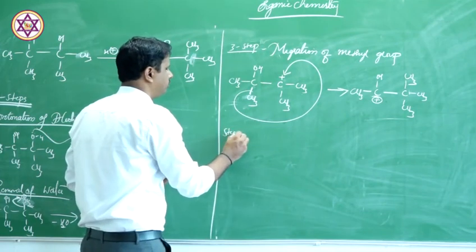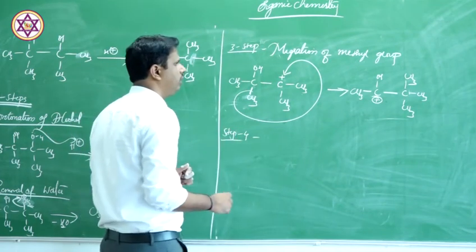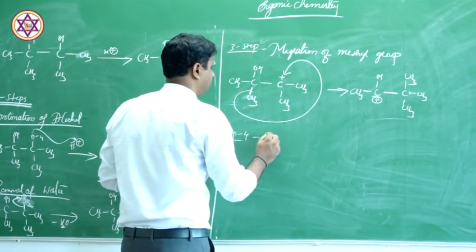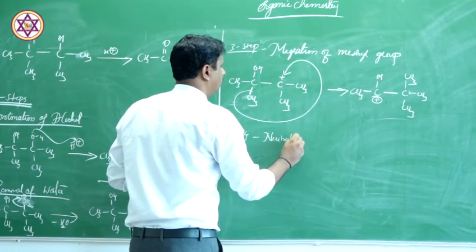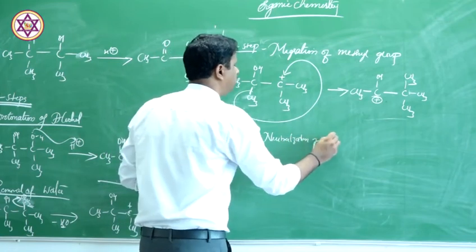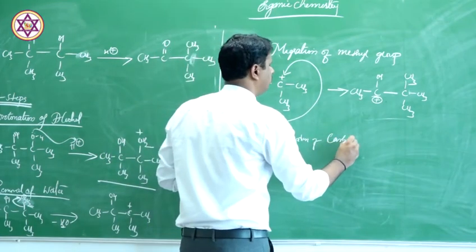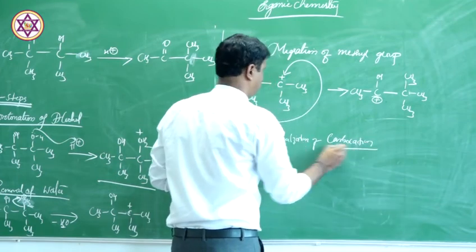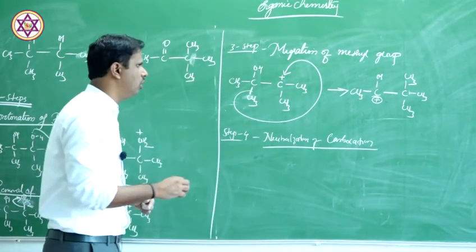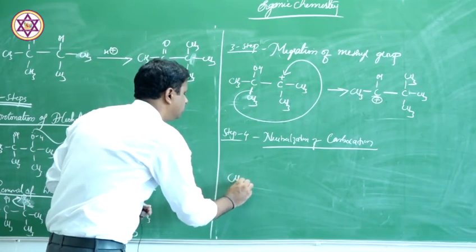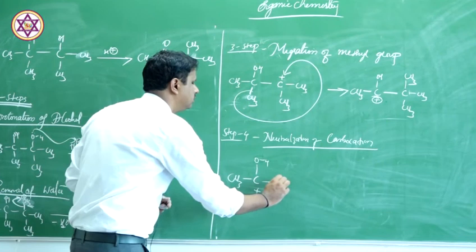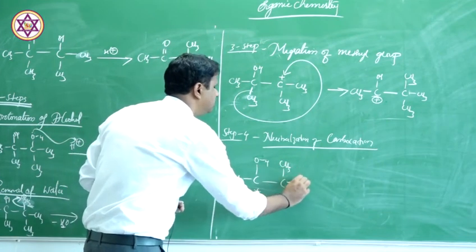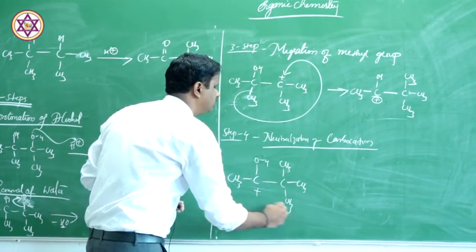Step 4: neutralization of carbocation. I will show you how the last step occurs. CH3, C, OH plus C, CH3, CH3, CH3.